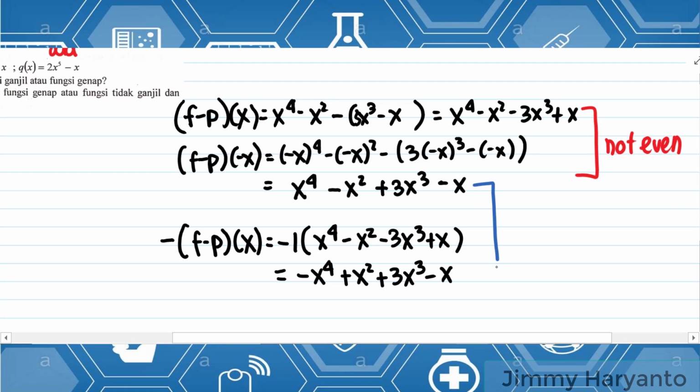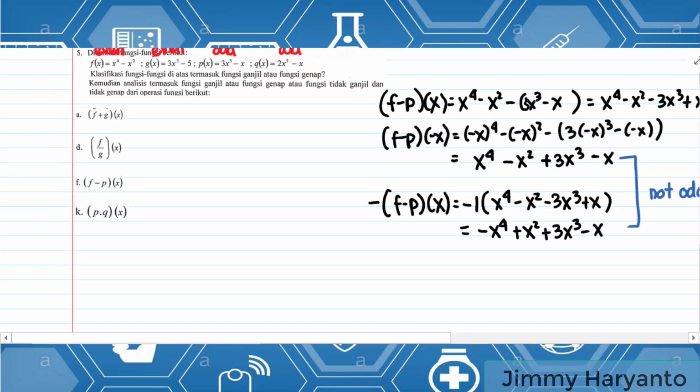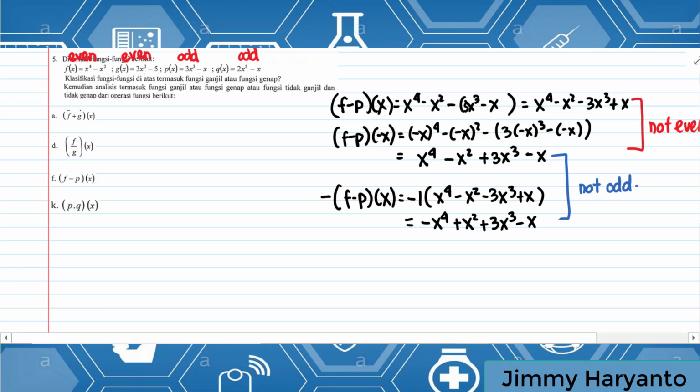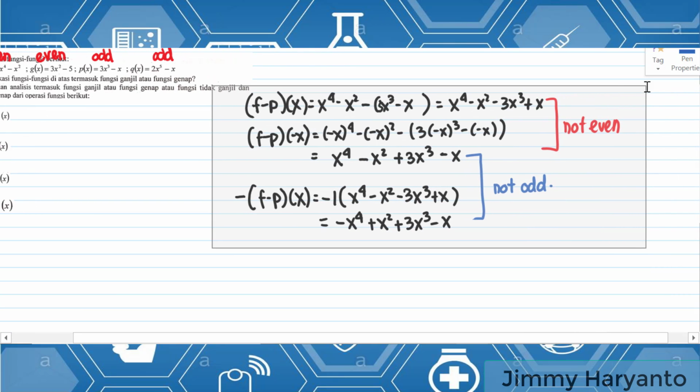This one and this one are not the same also, so it will not be odd. Not even and not odd. What is the conclusion? When you operate an even function and an odd function, the result will be not even and not odd. That is the conclusion for this one.